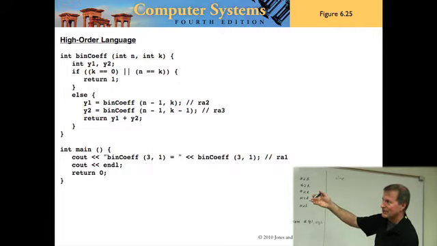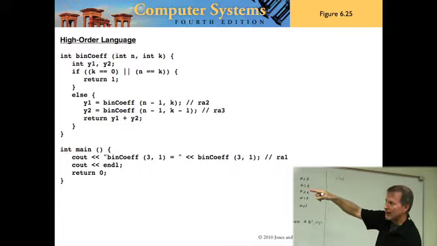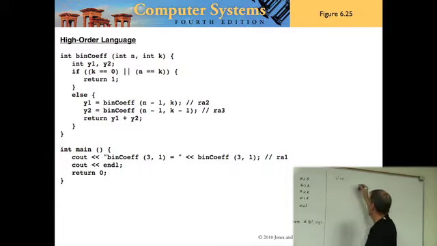Change n. What do we push? The first parameter is n minus 1. So how do we compute n minus 1? Load accumulator n, stack relative. Sub accumulator 1, immediate. Are we good?